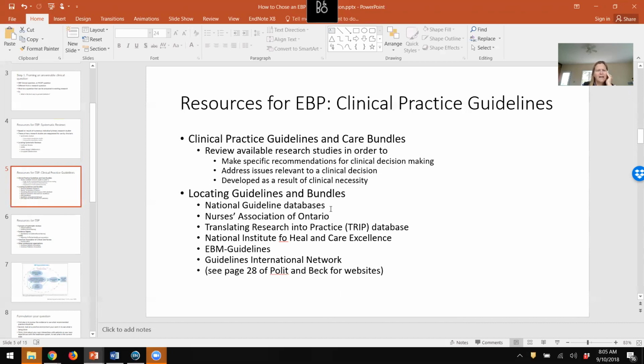So you can look for guidelines in the National Guideline Database, Nurses Association of Ontario, the Translating Research into Practice database, the EBM guidelines, international networks, and on page 28 of Polit and Beck, there are some resources there for you.